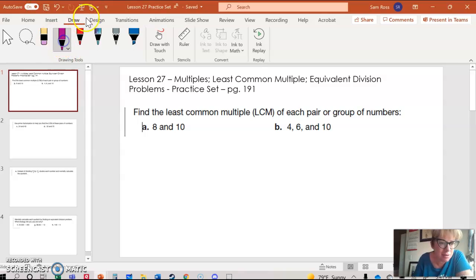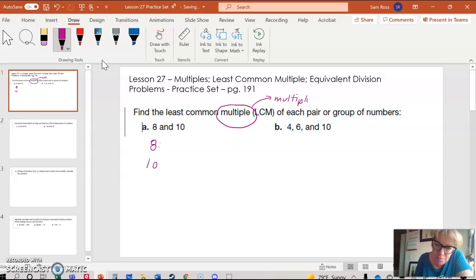Let me go ahead and pick one of these. It says, find the least common multiple of each pair of groups of numbers. When it talks about multiples, I think multiply. I'm going to do 8 times 1, 8 times 2, 8 times 3, 8 times 4, 8 times 5, 8 times 6, 8 times 7.